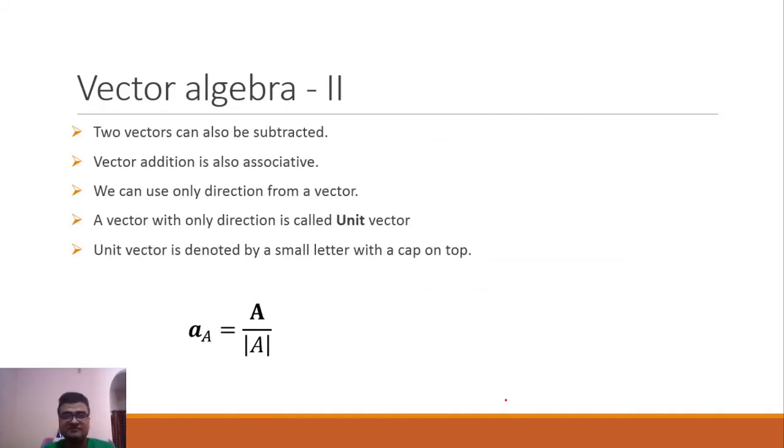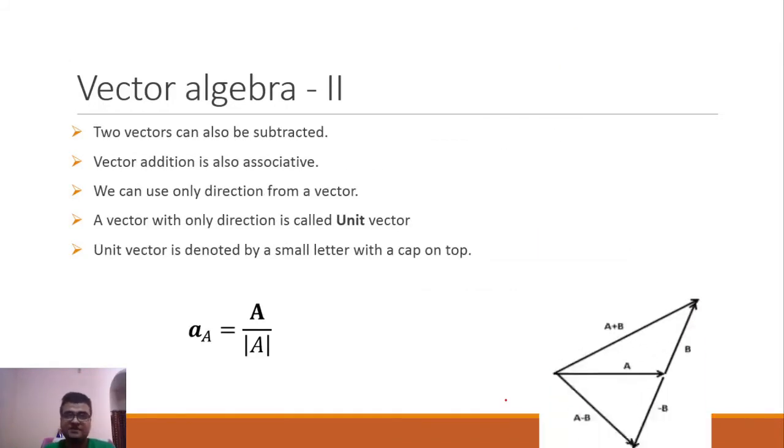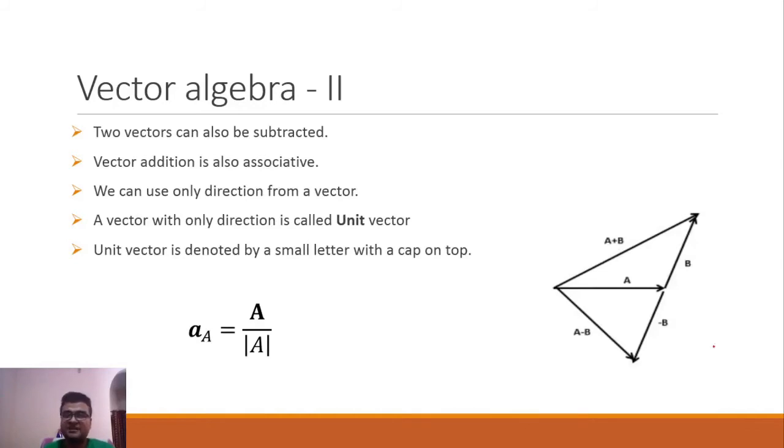Let us see some more vector algebra. Two vectors can be subtracted. See this figure, A plus B. A is added to B. Why?